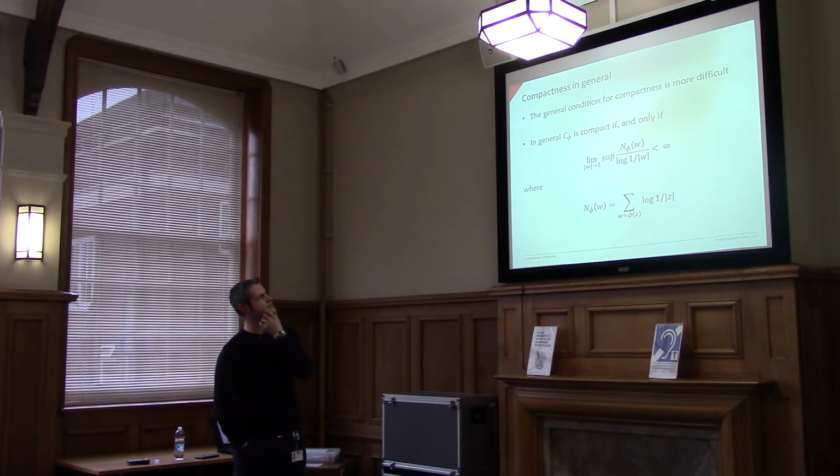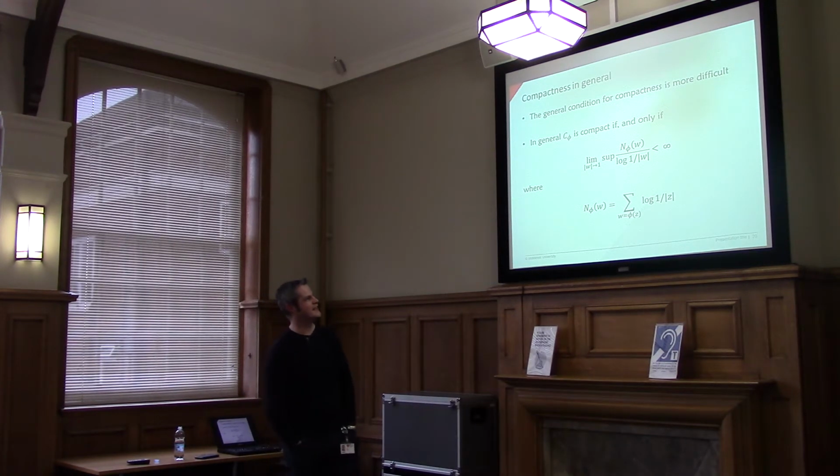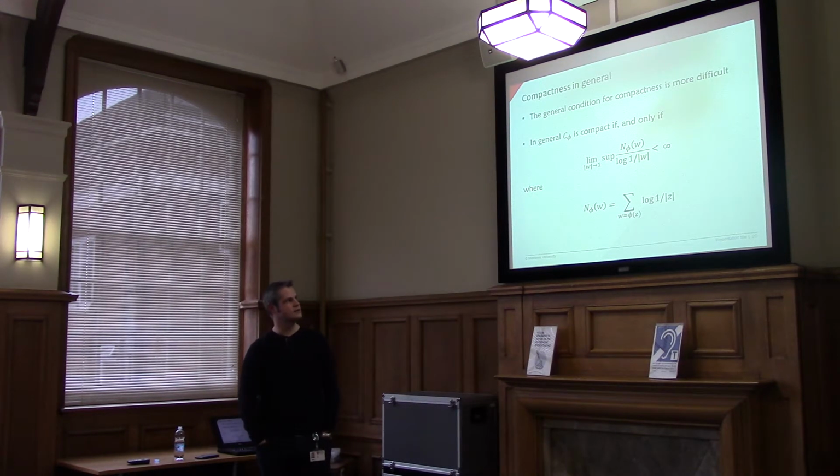Okay, C phi is compact if and only if this thing is true. Okay, I'm not going to read it out. This function N phi is called the Nevanlinna counting function. Okay, Rolf Nevanlinna invented this whole area to study meromorphic functions, and part of it was looking at this equation.